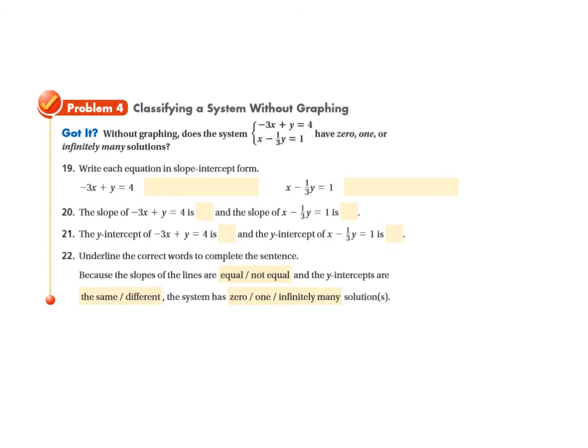All right, now we're going to classify a system without graphing. We're going to classify it by how many solutions it can have. It can have 0, 1, or infinitely many. So the first thing we need to do is put these equations in slope-intercept form, because we've got to compare their slopes and their y-intercepts. So first we have to get it in slope-intercept form, which is y equals mx plus b.